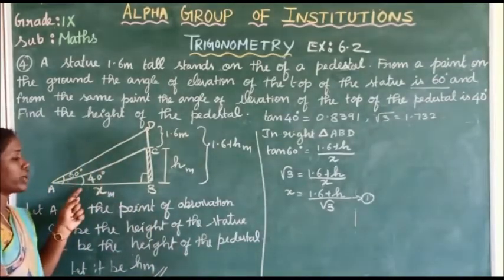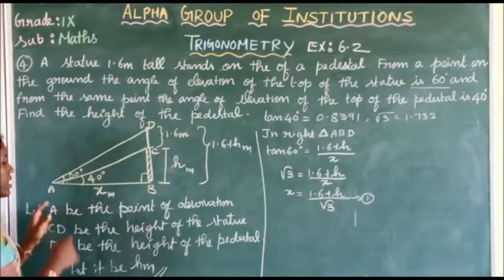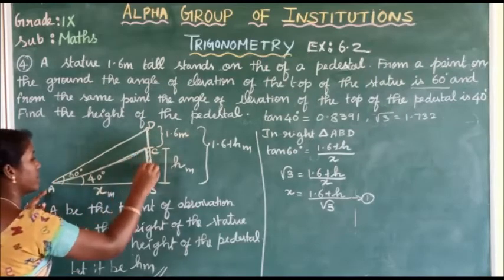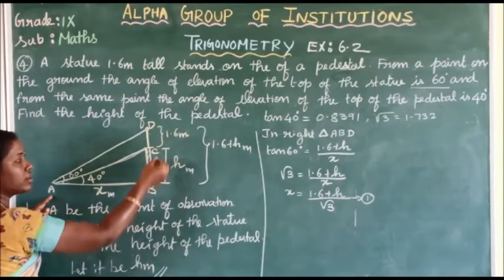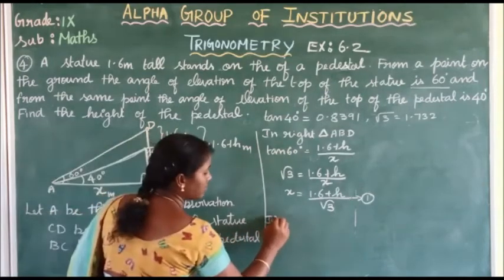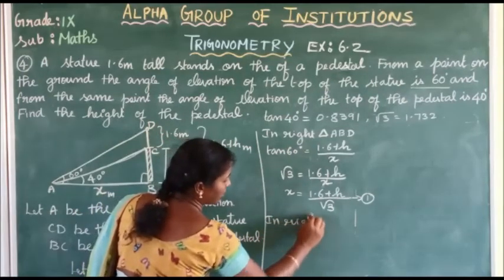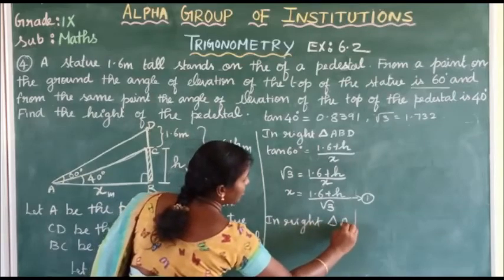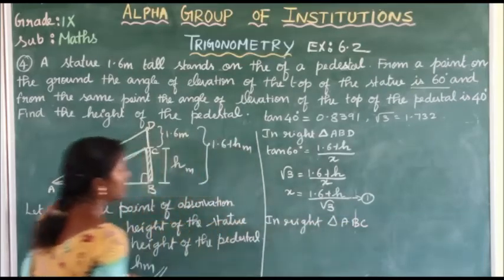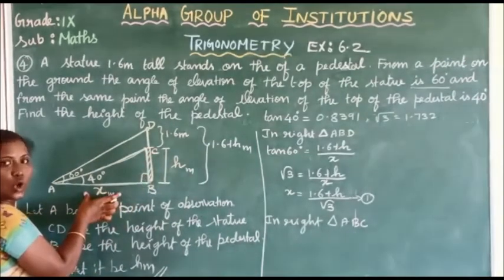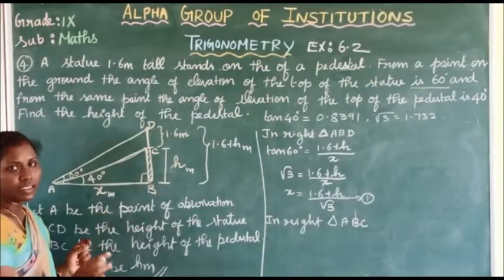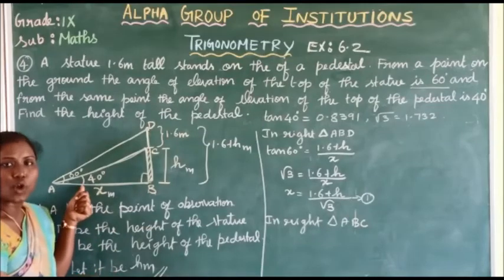Next, for 40 degree. Where does 40 degree cover? 40 degree covers the triangle here. So what is the naming? In right triangle A, B, C, again I need the value for the opposite side and the adjacent side is common. So what is the ratio? Tan theta, where theta is 40 degree.